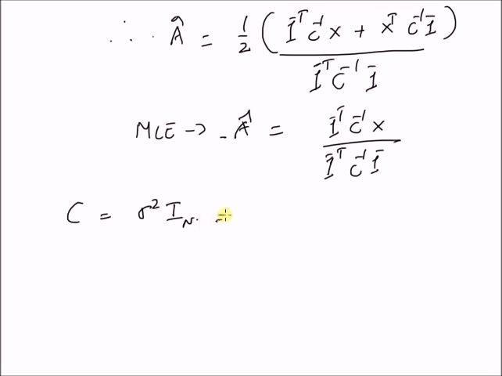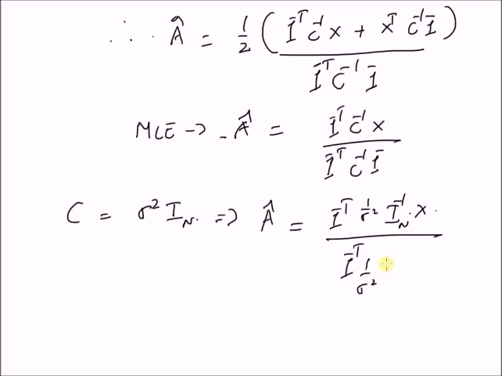we have the maximum likelihood estimator of the parameter A equal to 1 bar transpose C inverse, which becomes 1 by sigma square times I inverse, times x, divided by 1 bar transpose 1 by sigma square I inverse, which is again I, times 1 bar.